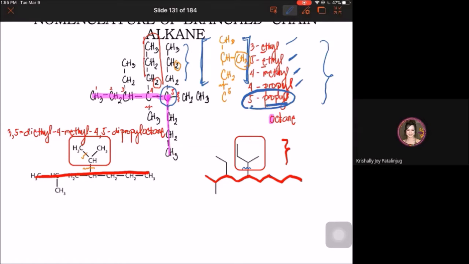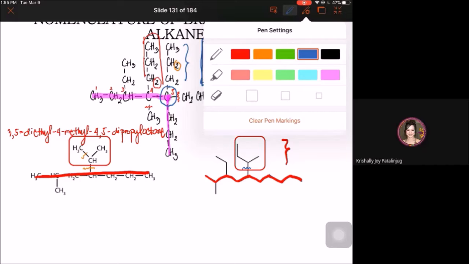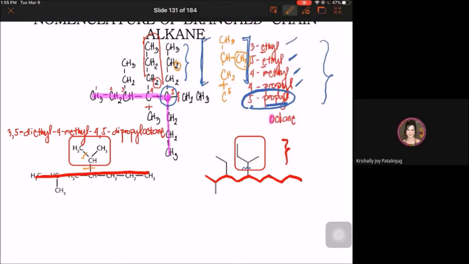Let's try to name this complex substituent. Okay? Step 5 says, begin numbering at the point of attachment to the main parent chain. So this is carbon 5, part of the parent chain.